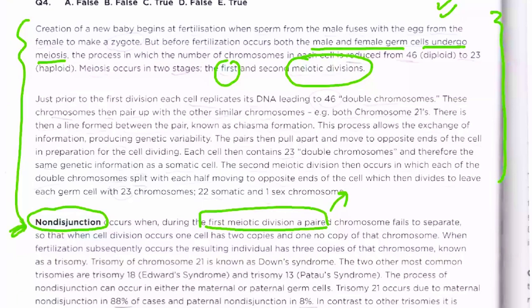See here, trisomy 21 occurs due to maternal non-disjunction in 88% of the cases and paternal non-disjunction in 8% of the cases. Okay, in your SOP book, they also have told you which phase of the meiosis this happens in.